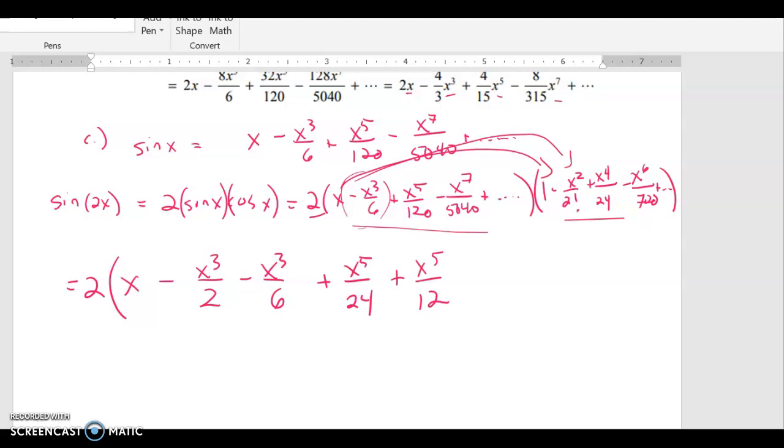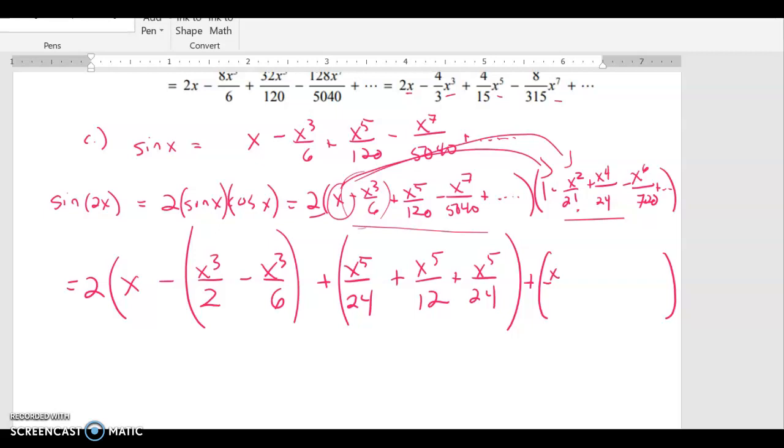I got this x here, x cubed, this guy, that when I multiply x by this term gives me an x to the 5th term. Okay, you see where we're going with this? And I only have to do one more, because I got 3 terms already: 1, 2, 3, and then I'll have a 4th term with my x to the 7th term. So there's going to be 4 of these if I did it correctly.